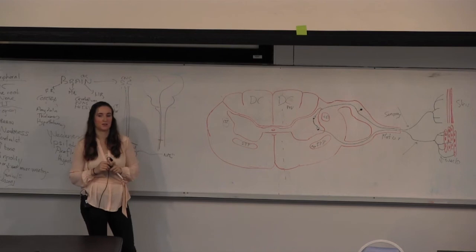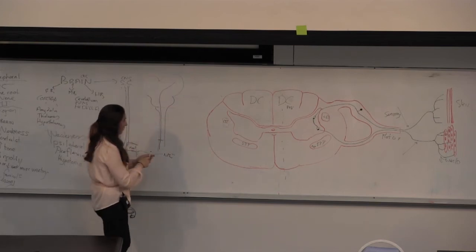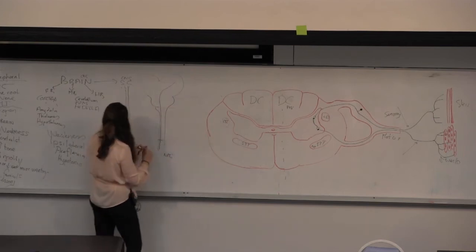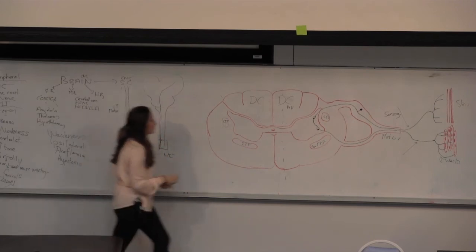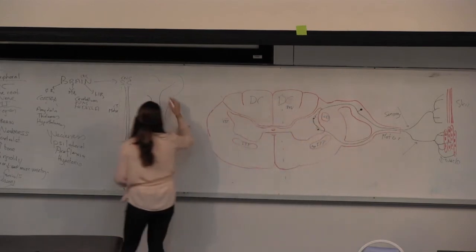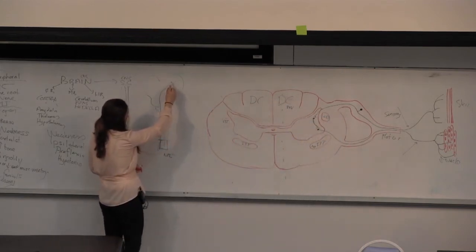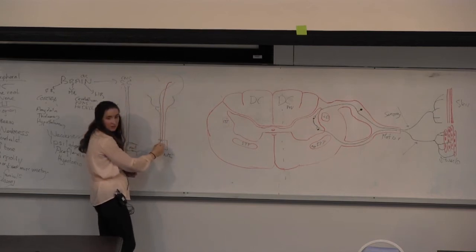Why is that? Because of the spinothalamic deficits. So if we're talking about this place here on my drawing, and we have the spinothalamic tract coming down from the brain, and it's coming down from here, it goes here. When does it decussate? Literally as it moves out, yeah? Is everyone happy with that?